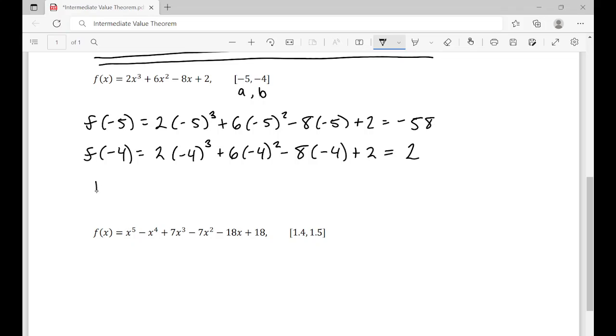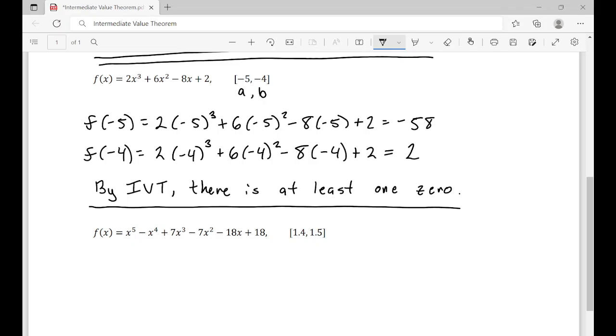So we can say that by the intermediate value theorem again, there is at least one zero. Again, we don't know where the zero is, we just know that it exists.